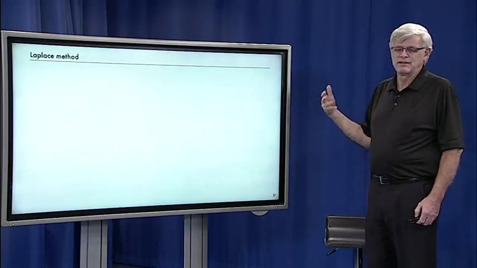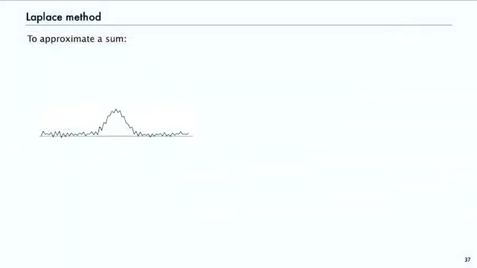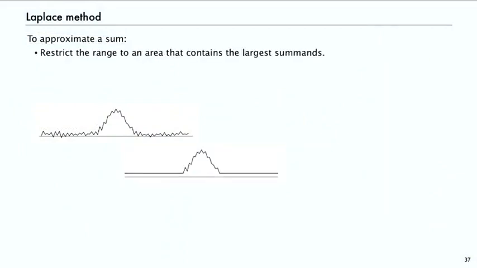The general method is referred to as the Laplace method. If you have to approximate a sum, and this is just a schematic representation of the situation, what usually winds up being effective is that the tails are going to be small, so we'll restrict the range to an area that has what counts, and then find an approximation that works there.